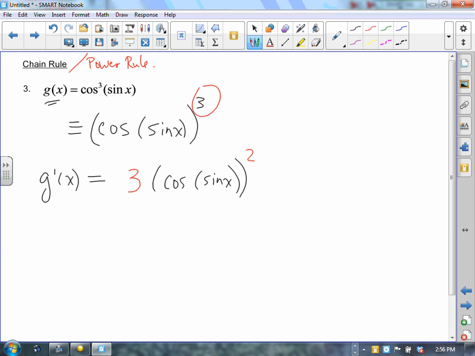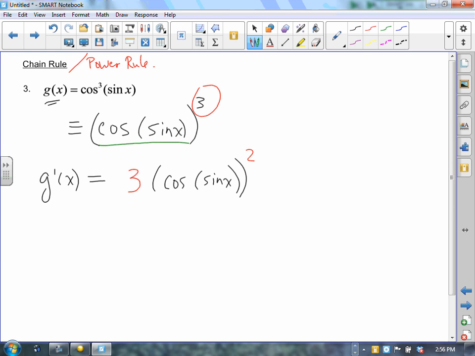Now that the derivative of the outer function has been taken care of, we then need to look to the inside. Okay? And what you can see on the inside is the cosine of sine x. So we're going to apply the chain rule again. This is an interesting problem in that what was color-coded red, that outer function, is a cubic function.